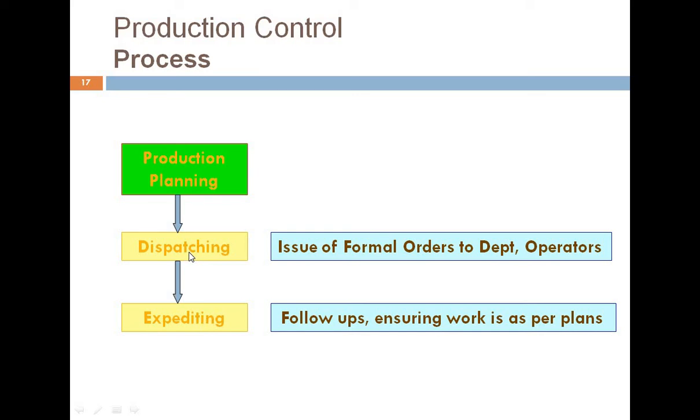The first step during production controlling is dispatching, which means whatever we have decided in loading, whatever load assignment we have done, we need to issue the formal orders to the department, to the supervisor, to the operators: which man is responsible for which particular machine, which machine will be taking care of which particular task, which department will be taking care of which machines and operations, and by what time period everybody needs to complete or execute their orders, right?